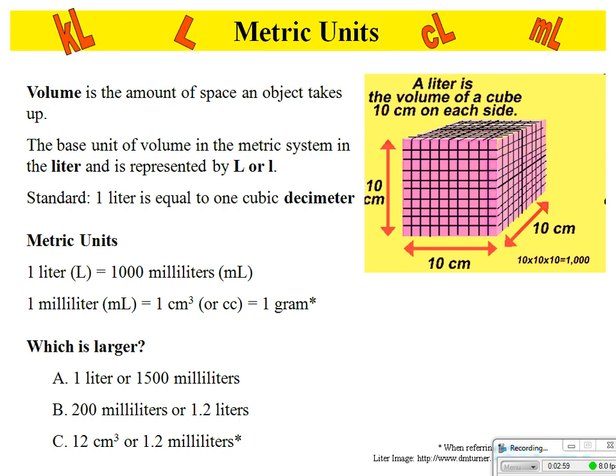So moving on to the which is larger, take a look at the which is larger and answer questions A, B, and C. Pause. So which is larger, A, 1 liter or 1,500 milliliters? Definitely 1,500 milliliters.